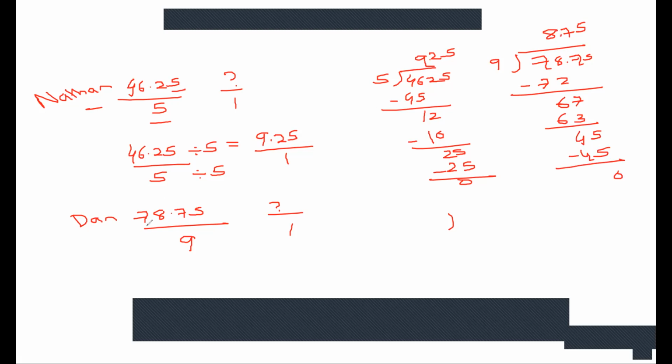Point before two numbers. So the answer is 8.75 over 1. Why 9? This is 9 times 1. This is 9 times 8.75. I divided the numerator and the denominator by 9. So I got 8.75. So this is the ratio between both of them.